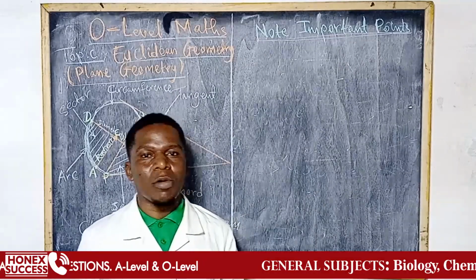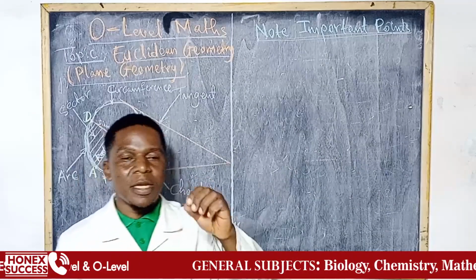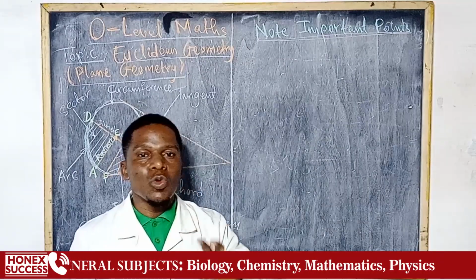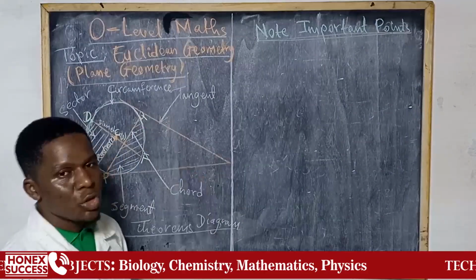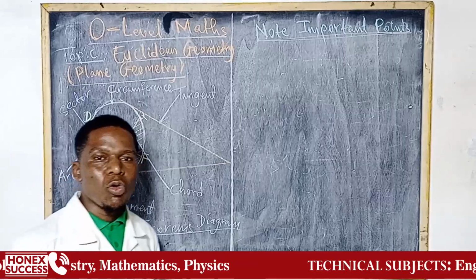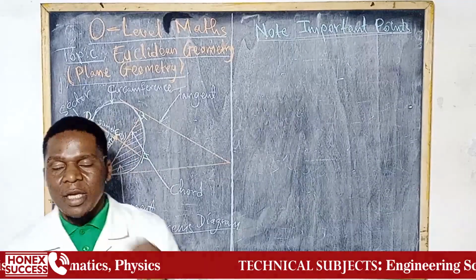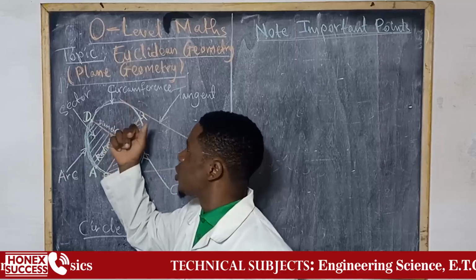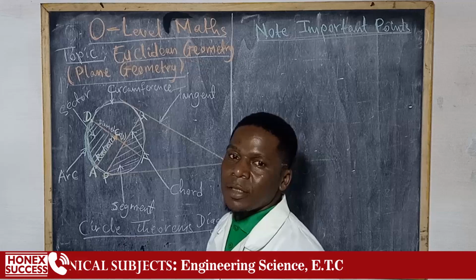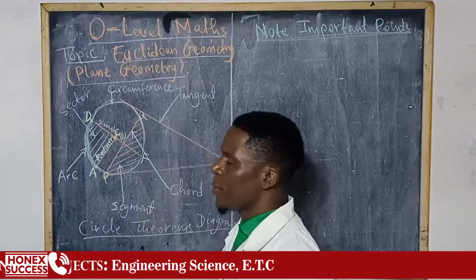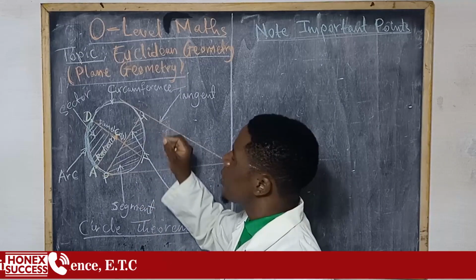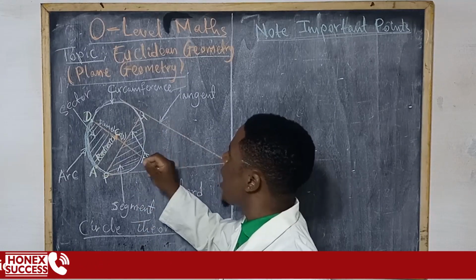So when you have any geometric figure where all the parts lie in the same plane, then it means you are dealing with plane geometry. Okay, right away, as a foundation of Euclidean geometry or plane geometry, we are looking at the circle theorems.